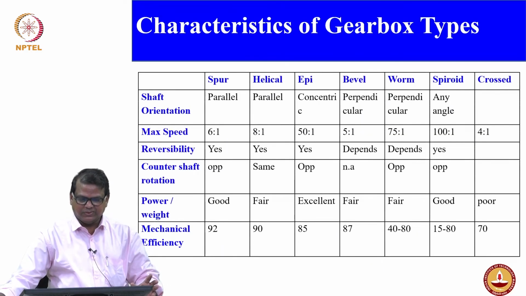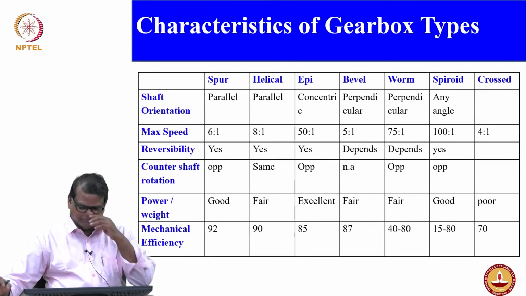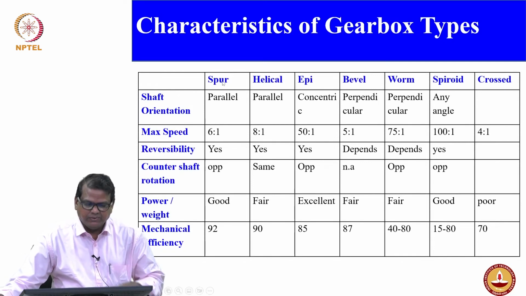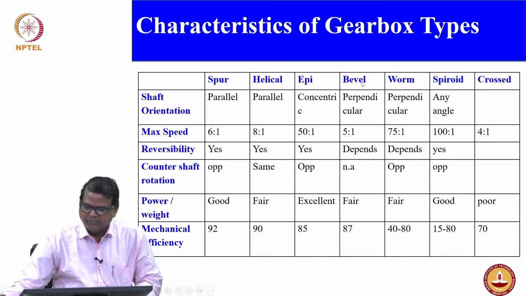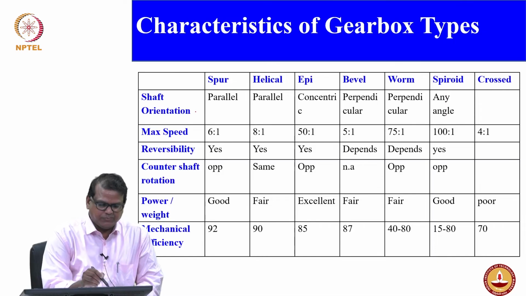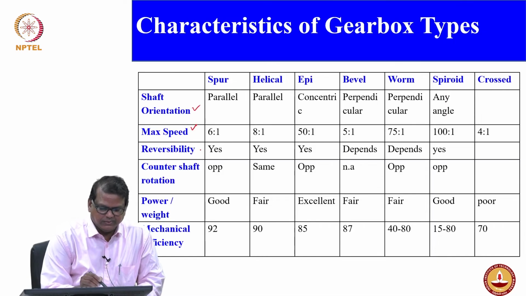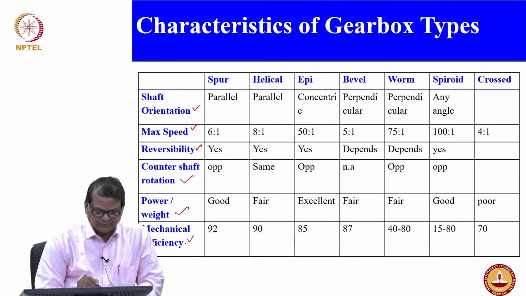Now the characteristics: you can see this is the list of the characteristics of the gear types. It's given as spur, helical, epicyclic, bevel, worm, spheroid and crossed, against shaft orientation, speed, reversibility, countershaft, power weight and mechanical efficiency.